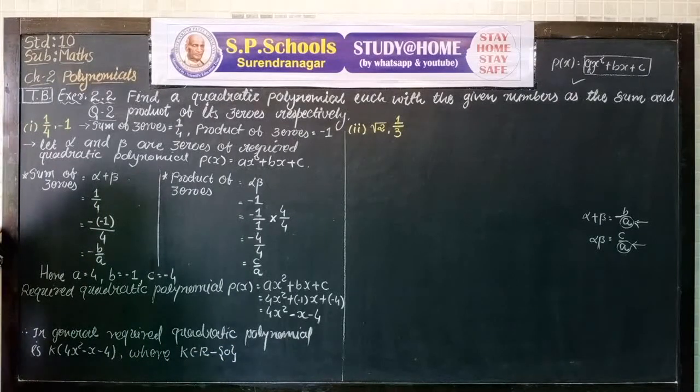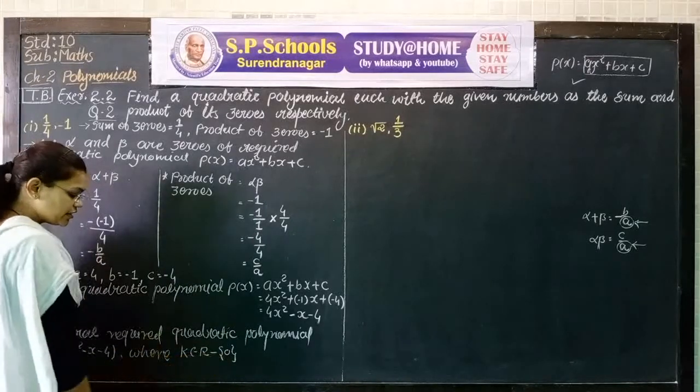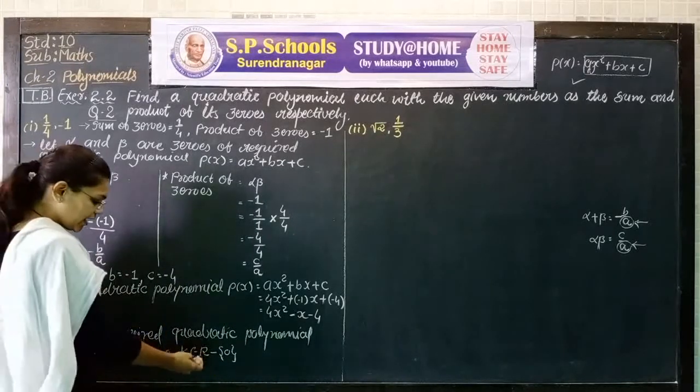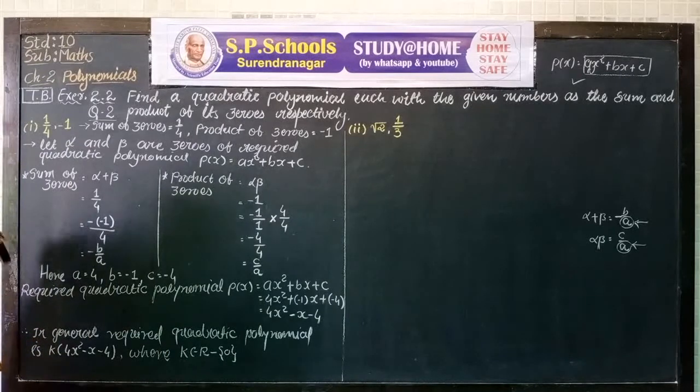Instead of k belongs to R minus 0, we can also write that k is a non-zero integer.